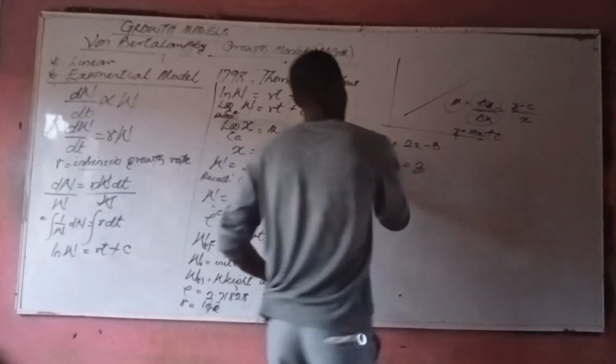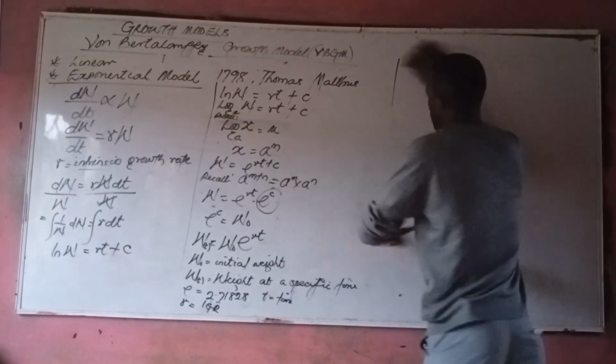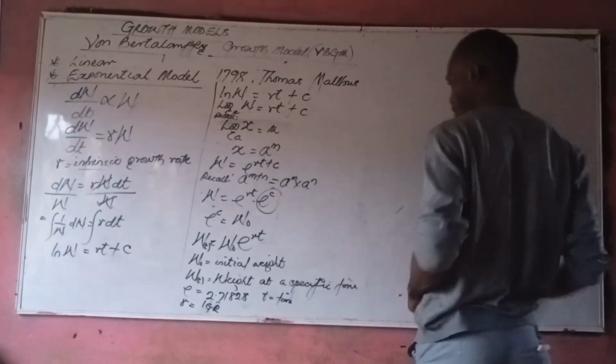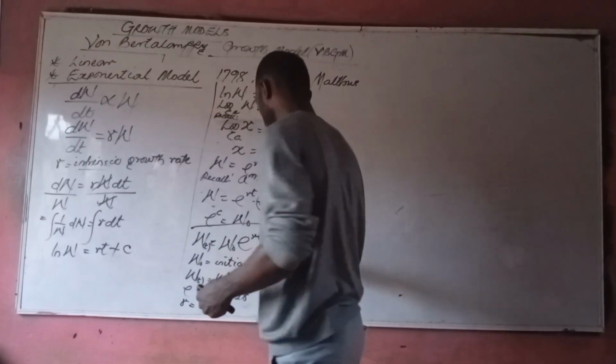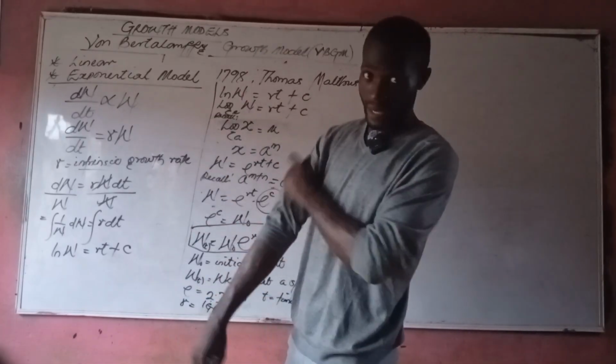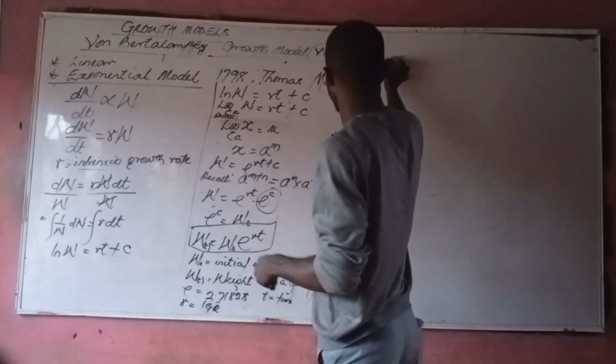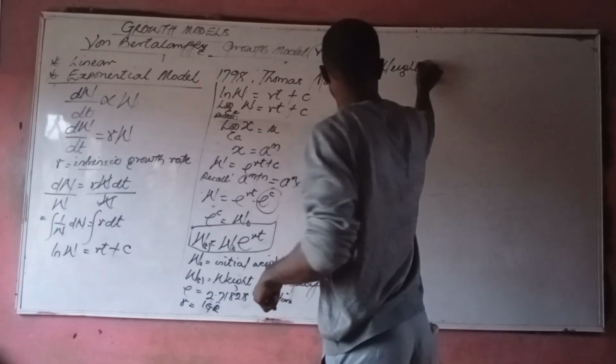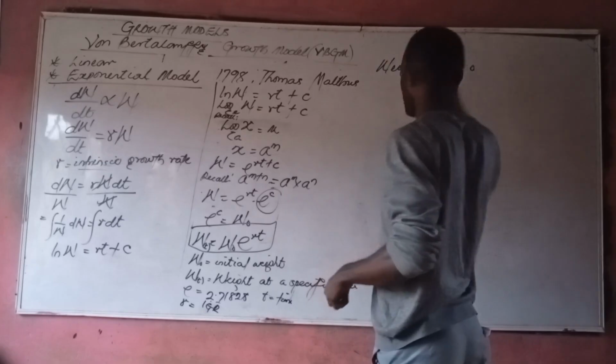Just to prove that w sub naught is the initial weight of the fish, keeping in mind that this is our original equation. What will be the weight, therefore, at t equals 0?